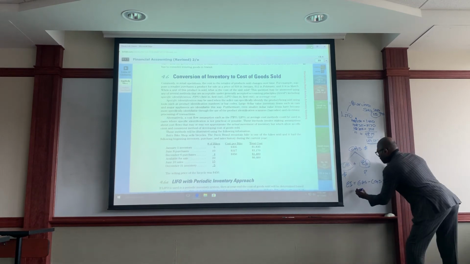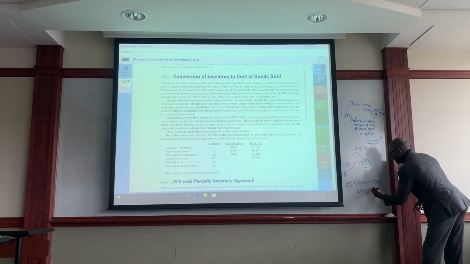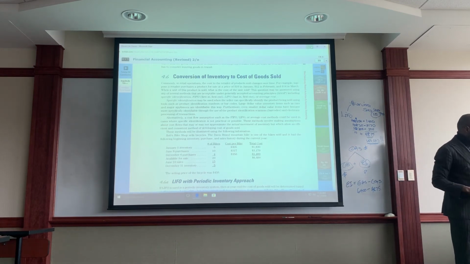Our goods available for sale was 6,400. Our cost of goods sold, we entered up here at 4875. All right, where did I get those numbers from?